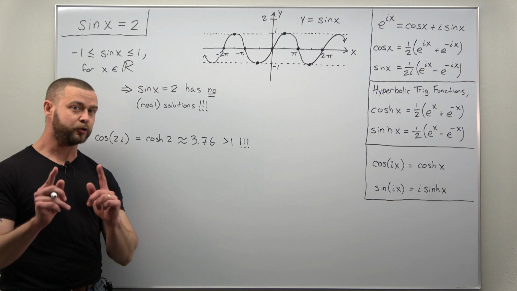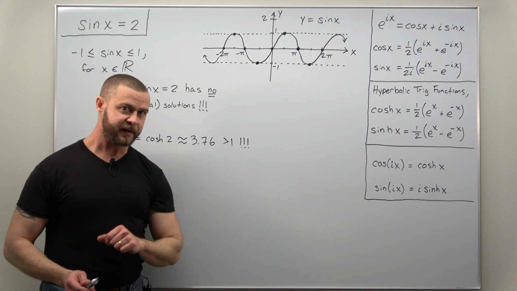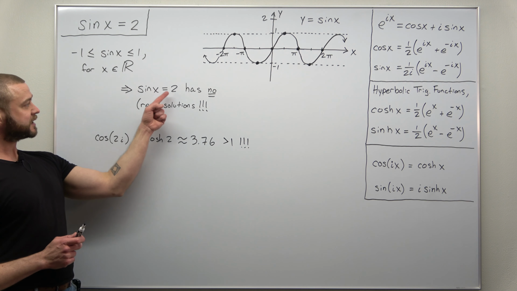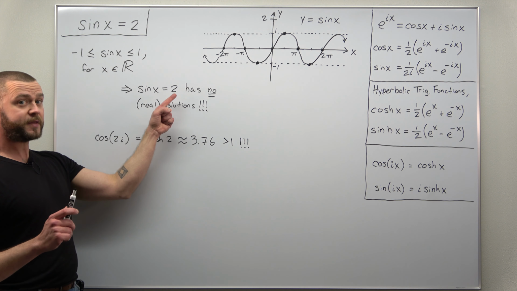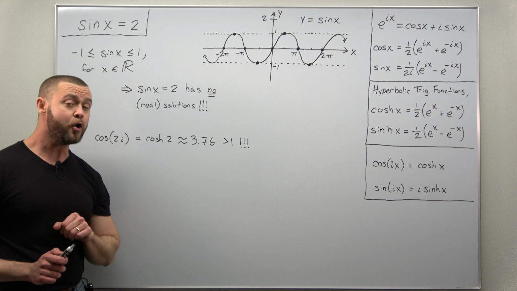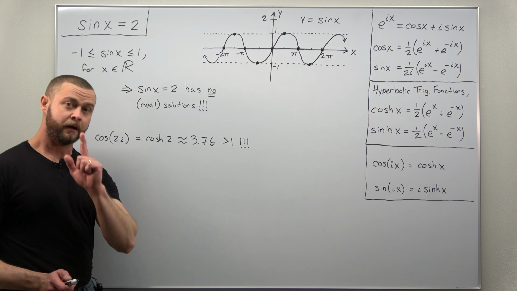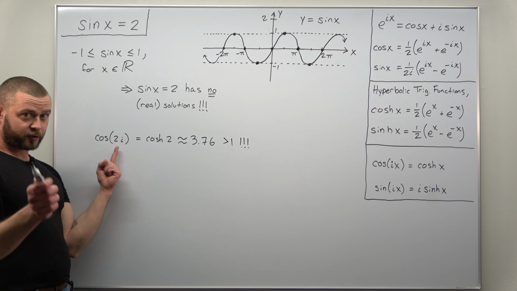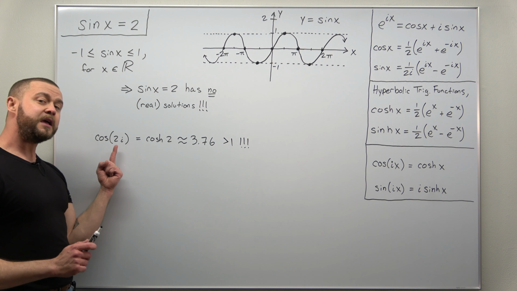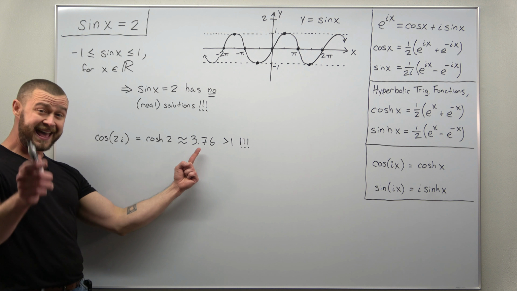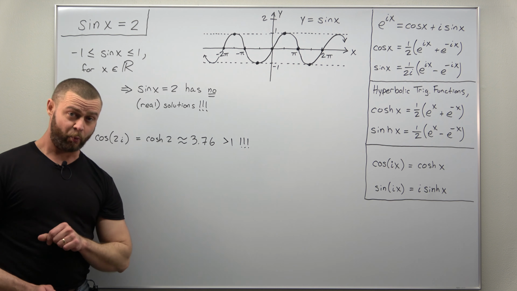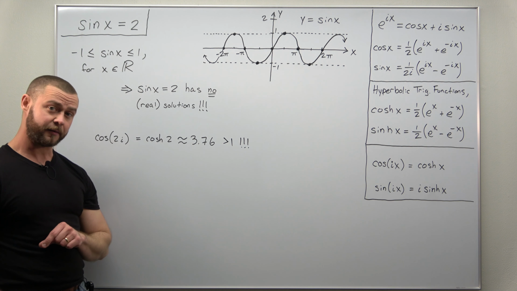That looks promising. Again, sine of x equals a number bigger than 1, like 2, has no real solutions. But for cosine, if we plug in imaginary numbers, we can get a value bigger than 1, like 3.76 here.